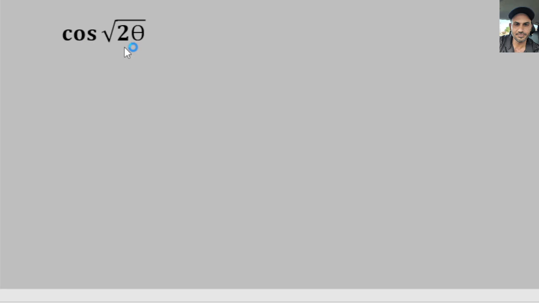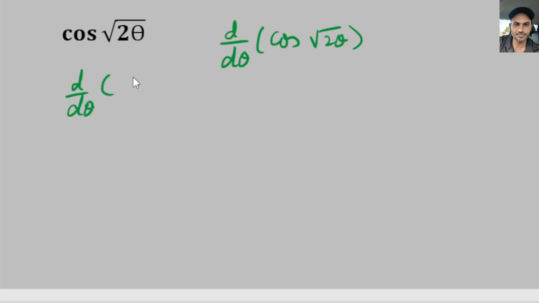Now let's work on another example. Here we want to take the derivative of cosine of square root of 2 theta. We're going to apply the chain rule first. So we get the derivative d over d theta of cosine of u equals negative sine of u times du over d theta.